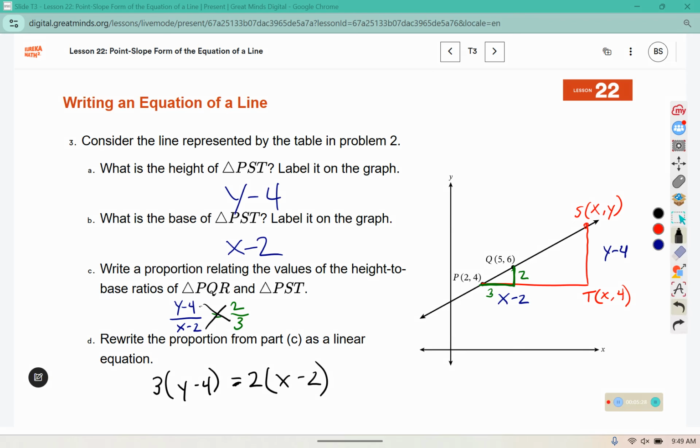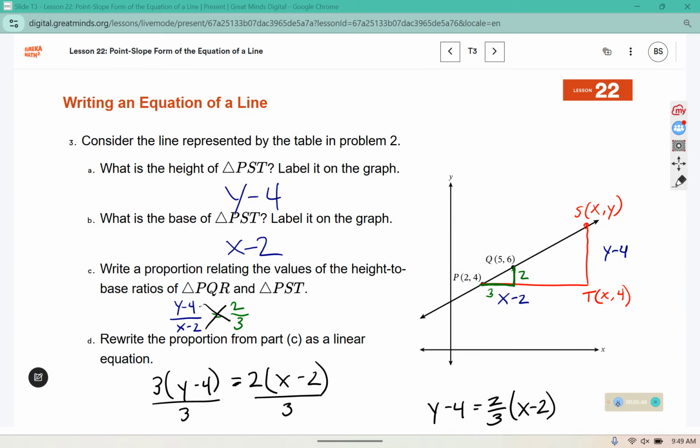And then I can divide both sides by 3, which would leave us with y minus 4 equals 2/3 times x minus 2. You can see here that the slope would have been 2/3, so there's a slope represented in here. And there's also a point that uses 2 and 4.